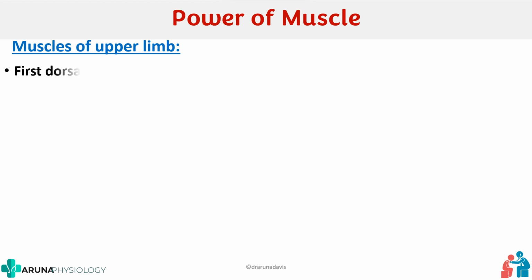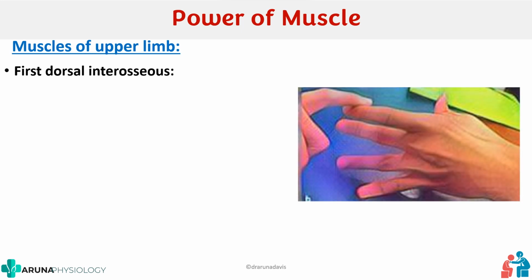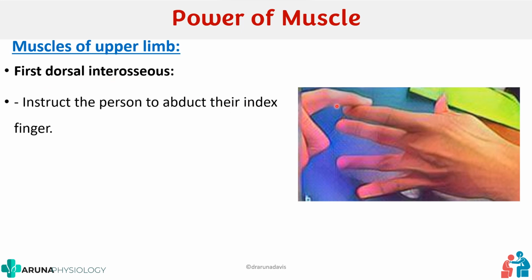Now the next muscle is the first dorsal interossei. So what is the action of the first dorsal interossei? Remember, we have a mnemonic called PAD and DAB, where PAD is for palmar interossei adduction and DAB is for dorsal interossei abduction. So the action of the first dorsal interossei is to abduct the index finger.